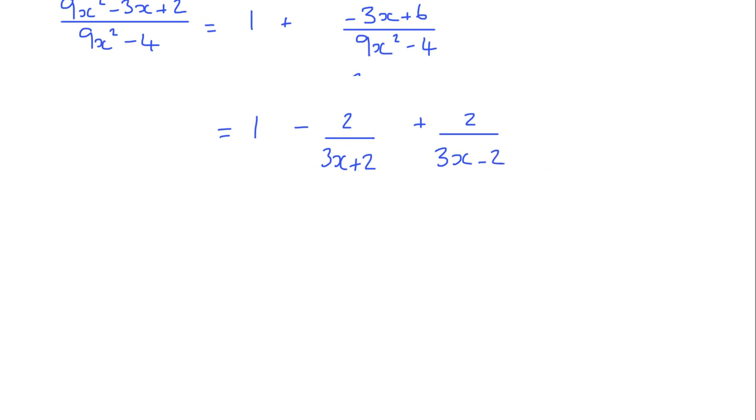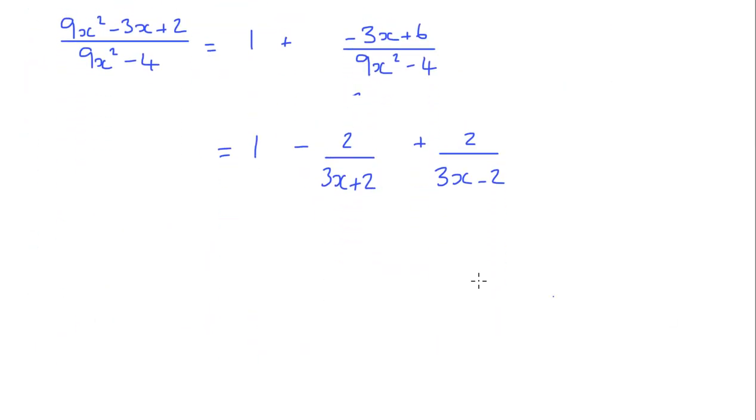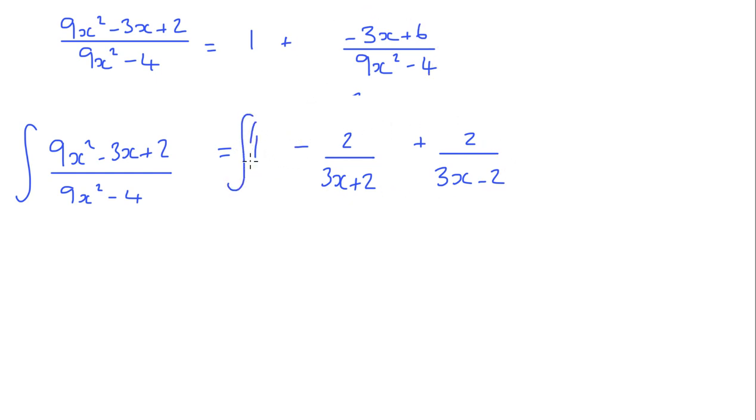So that's my a and my b value being substituted in for here and here. We had the a over 3x plus 2 and b over 3x minus 2. Now, if you go back to the original question, we were being asked to integrate this. And we said we couldn't integrate this. We couldn't even integrate this, but if you look now, we can integrate what we have here. So the final step is to now integrate each of these terms.